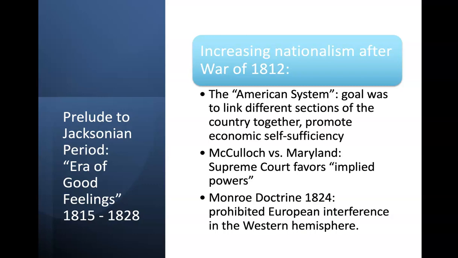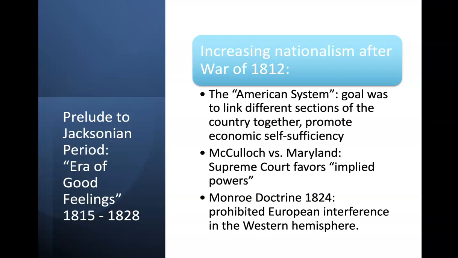We're going to see that with the Monroe Doctrine in 1824. And again, keep in mind that when I discuss all three things, I'm talking about nationalism. Okay, so first let's engage with the American system. Notice it's called the American system, right? America, the nation. So you can easily link that to increasing nationalism, right?